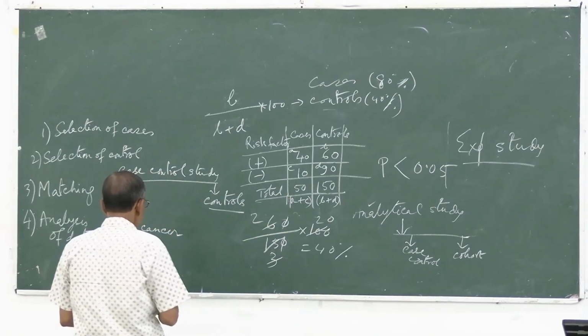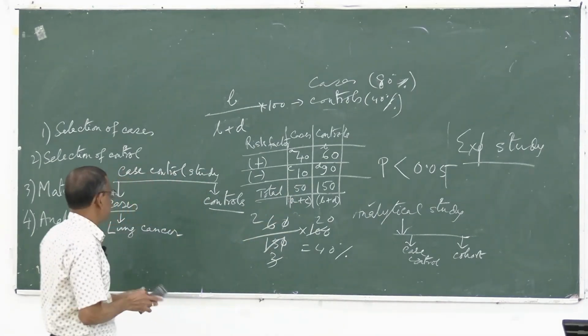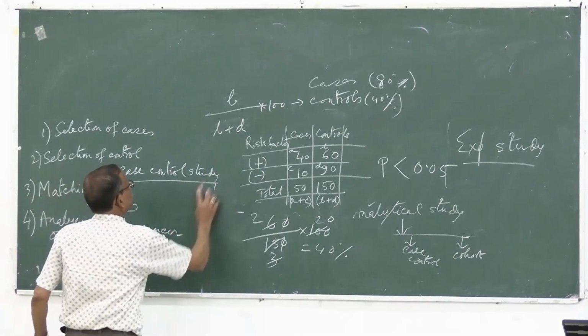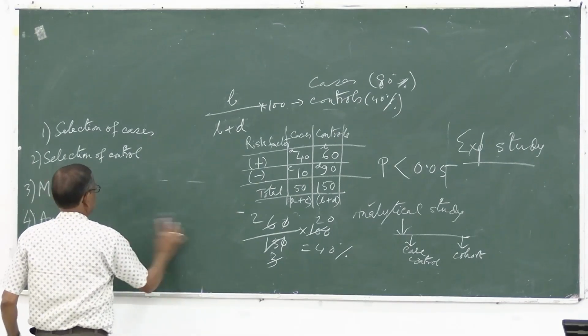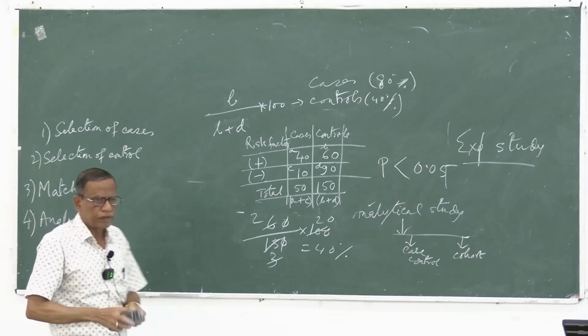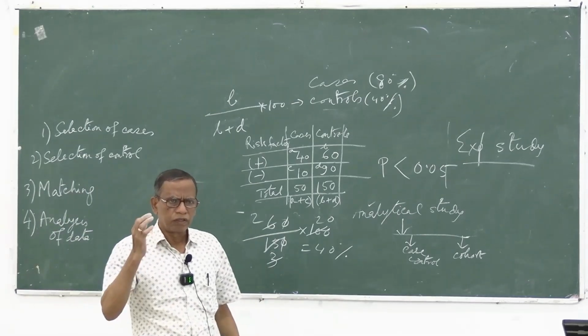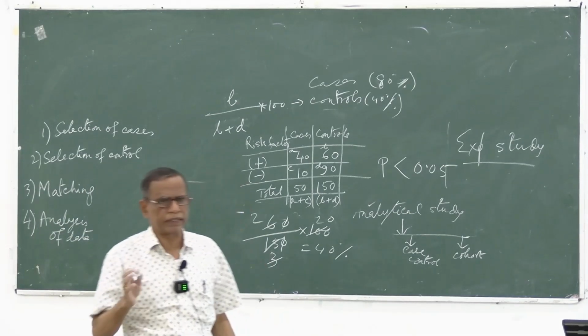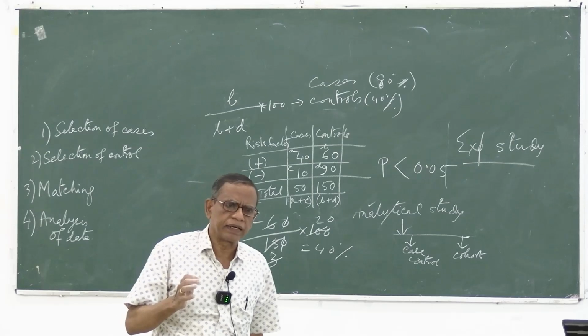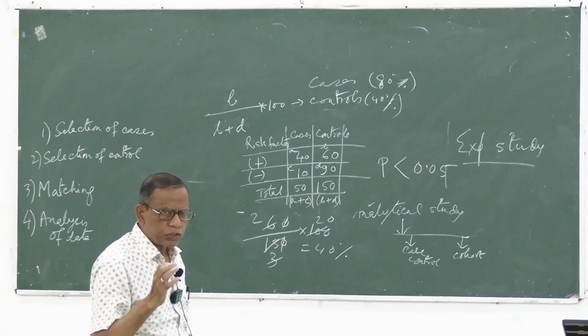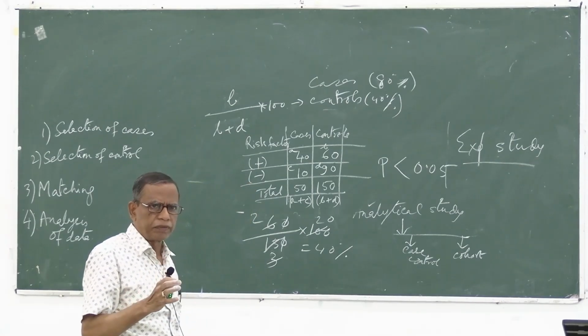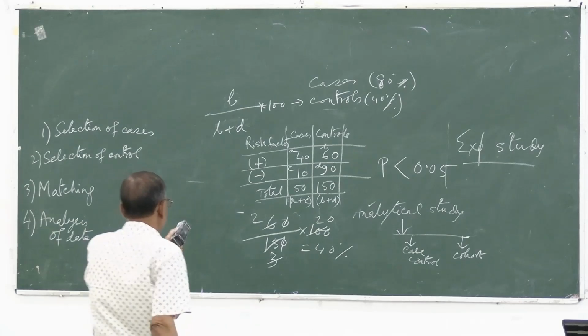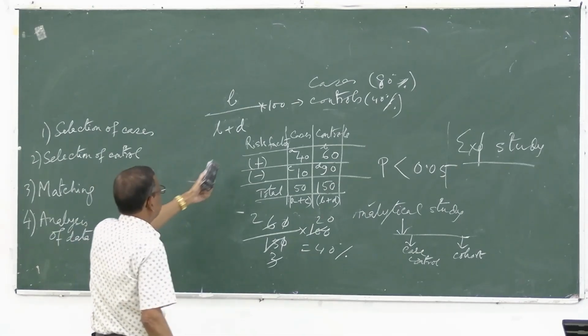Another is, what is the strength of association? That means you have proved the hypothesis that lung cancer is due to smoking for prolonged period, and this was tested.